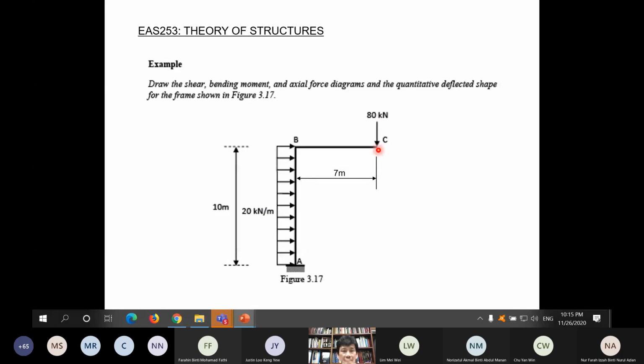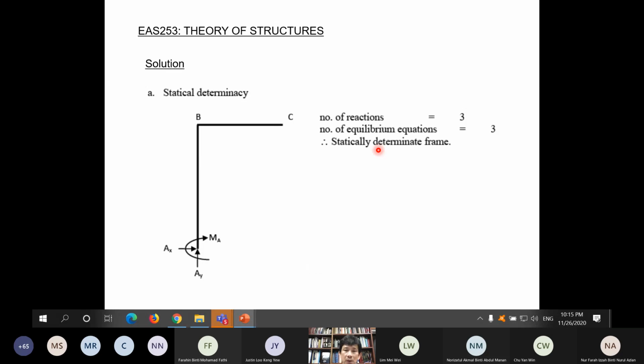And there's a point load at the end here. So get the shear, bending moment, axial force diagram and draw the qualitative deflected shape. This is a simple example compared with the previous one, only two members. So statical determinacy should be able to check without any problem here. Number of reactions, number of equilibrium equations 3, so statically determinate frame.